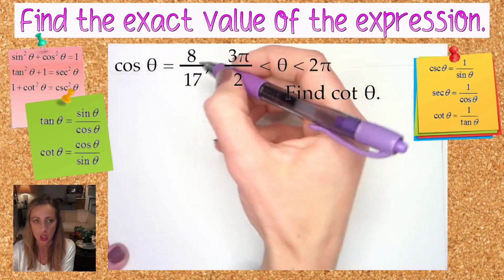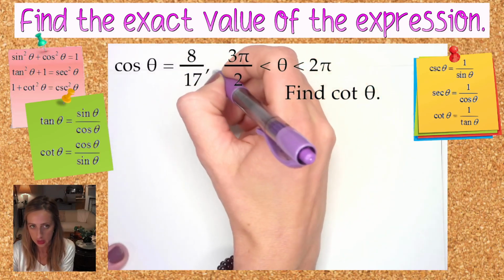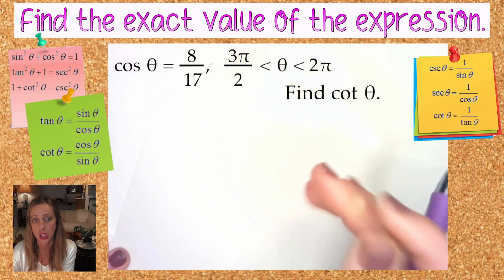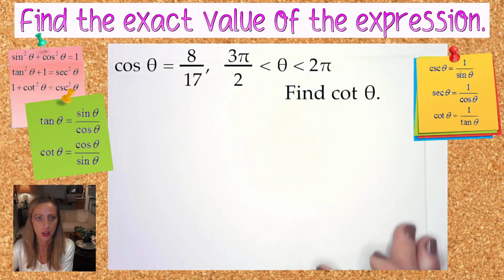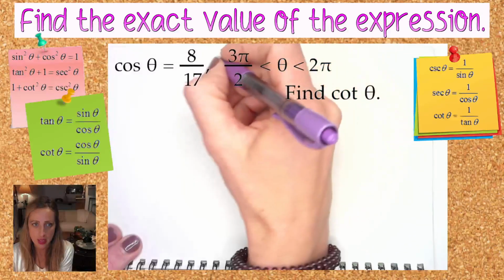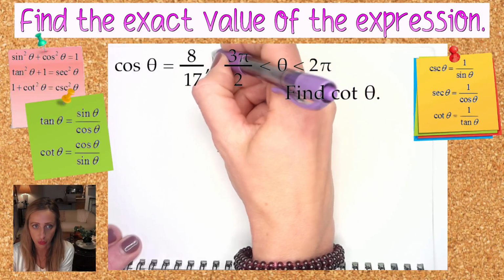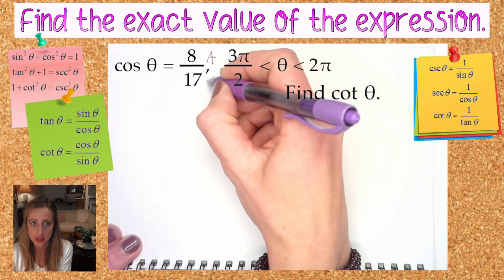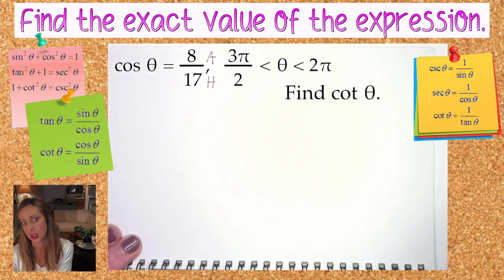Well, cosine is, since your days of geometry, the ratio of adjacent over hypotenuse. So that means that this 8 is referring to the adjacent side of the triangle and that the 17 is referring to the hypotenuse.